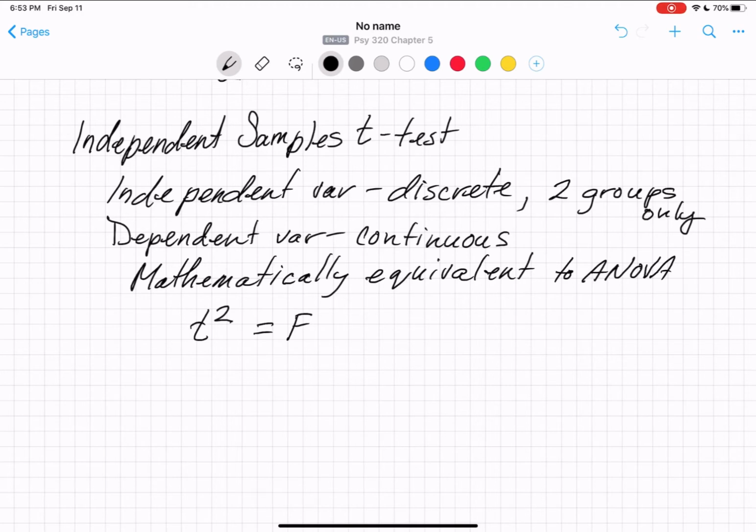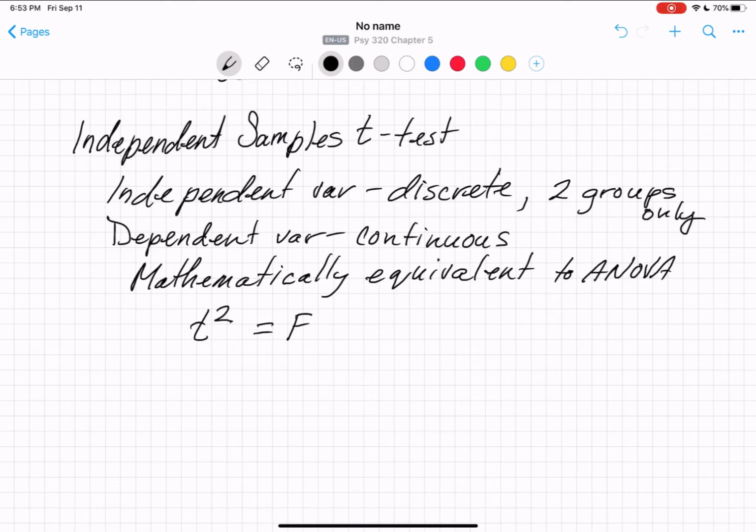And so it's a little bit different mathematically in the calculations, but it's going to always give you the same decision. So you won't get one decision with ANOVA and another decision with t-test.